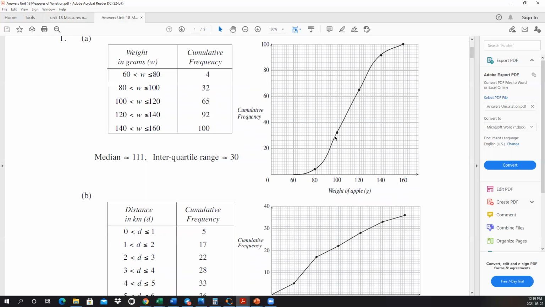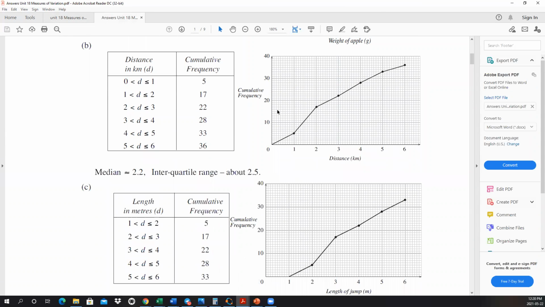This is probably 95. For the upper quartile, you go up, cut across. This is probably 130. So 95 and 130. The difference is approximately 30, because of course I'm just estimating with my mouse and looking, and so on and so forth.